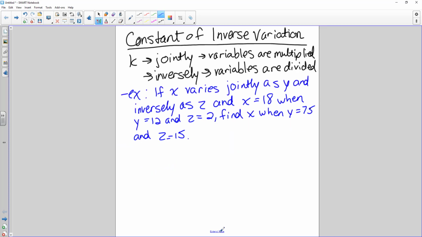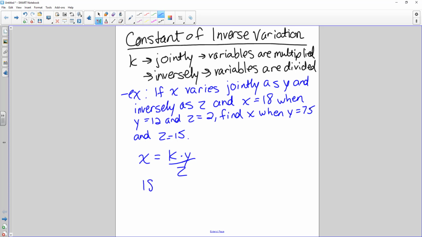Okay, so this is saying x varies jointly. So x is k jointly, so times y, and inversely, so divided by z. This is my setup of the relationship between x, y, and z.